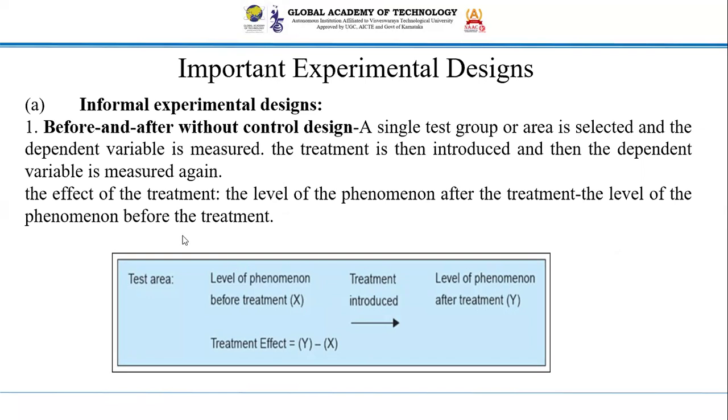So the effect of the treatment is the level of phenomenon after the treatment minus the level of the phenomenon before the treatment. For example, if there is a test area, the level of phenomenon before treatment is X and the level of phenomenon after treatment is Y. In between, you are introducing a treatment, so the effect of treatment means output minus input. That is nothing but after treatment minus before treatment.